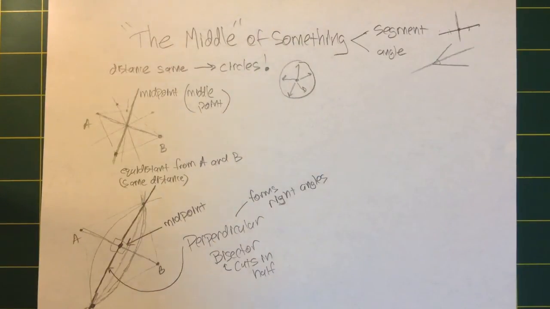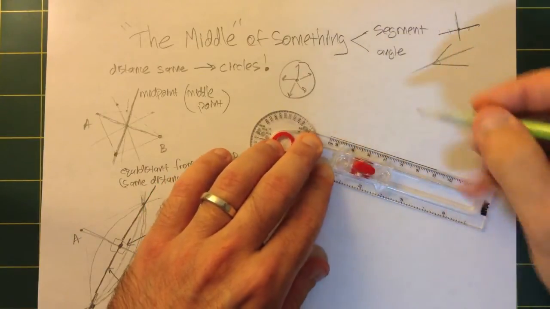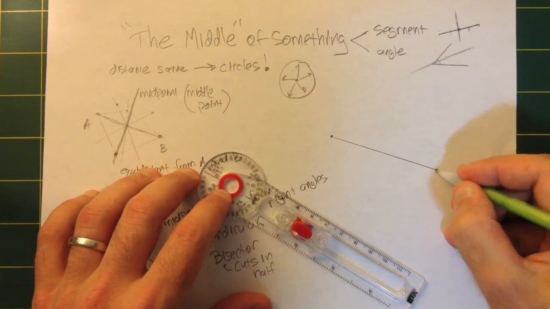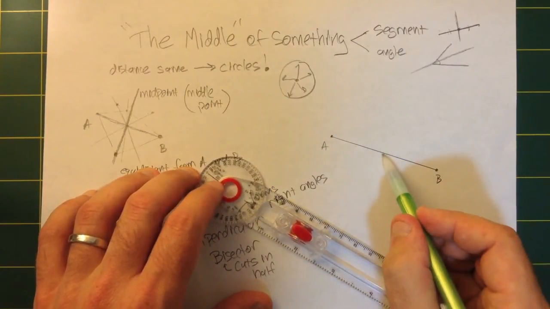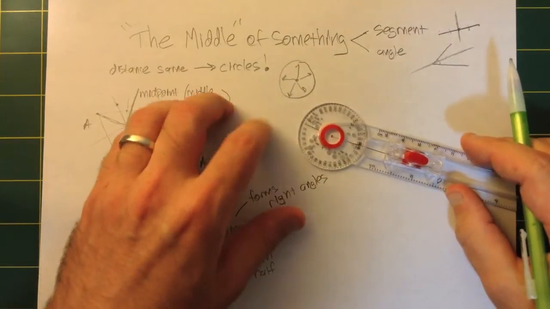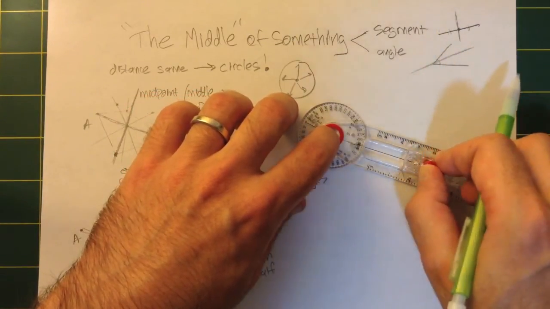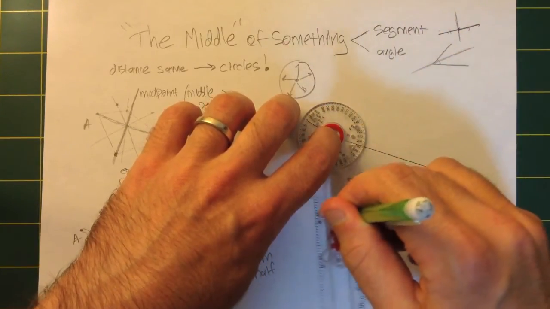Let's do that construction. I start out with some segment here. I'm going to highlight that point and bold that point. Here's A, here's B. I want to find the midpoint. In order to do that, I center myself at A and I open up more than half. Doesn't matter what it is as long as it's more than half and you can fit yourself on the page.